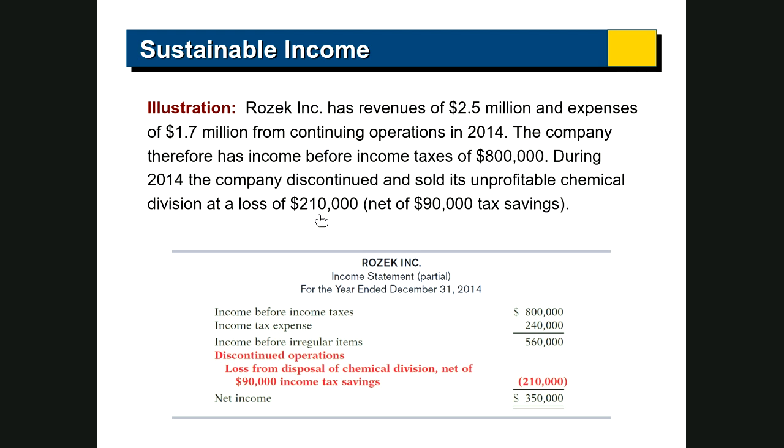If it is positive, let's do the other example. Let's say I have $10,000 normal income, $1,000 income tax. I have another $1,000 gain from the discontinued operations, right? If I have a $1,000 gain from the discontinued operation, how much tax do I have to pay on that 1,000? 100, right?